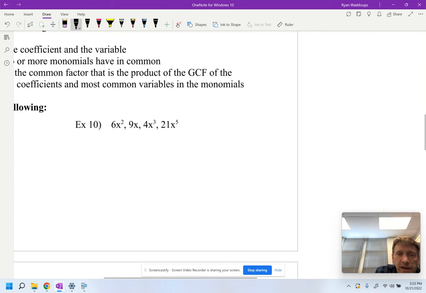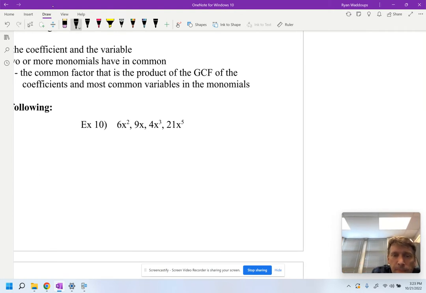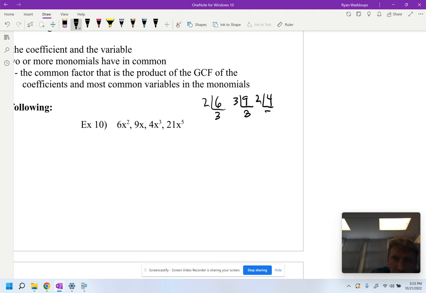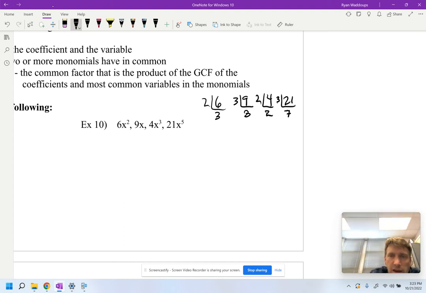We look at number 10. Once again, we know 6 is 2 times 3, and 9 is 3 times 3, and 4 is 2 times 2, and 21 is 3 times 7. And I ask you, what do they have in common in terms of their prime factors? And we can say nothing.